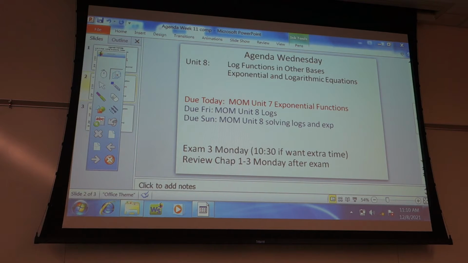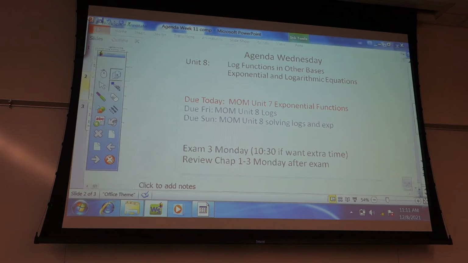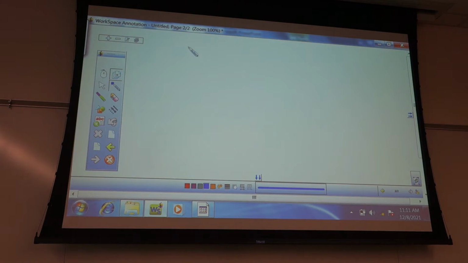It's 2.718 something. Let me check this on my calculator. There it is, e, 2.71828, and then it goes on from there.